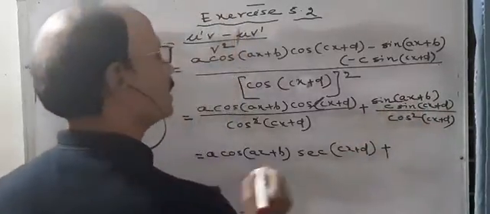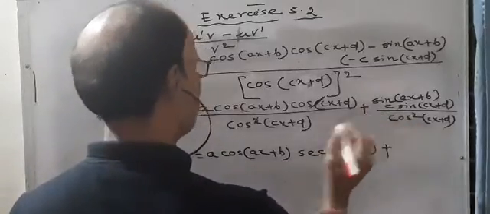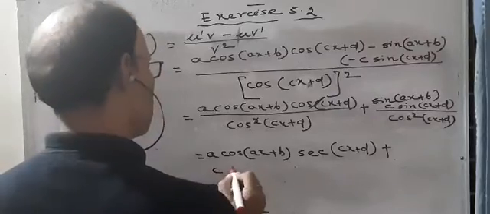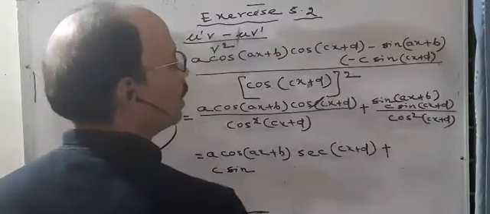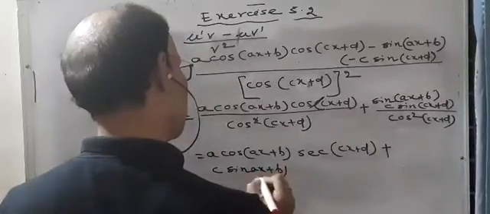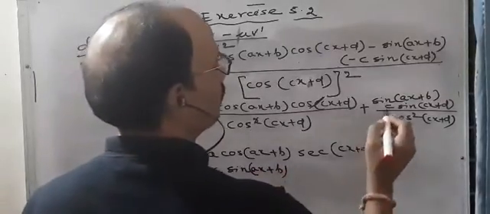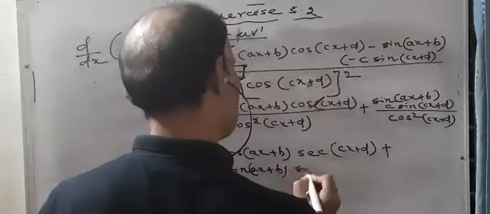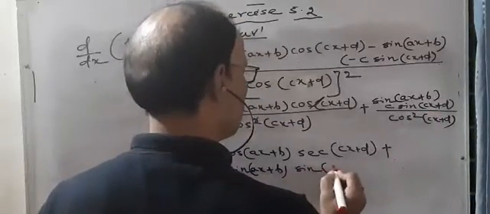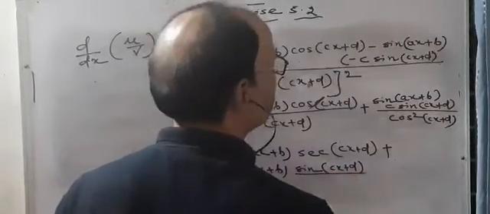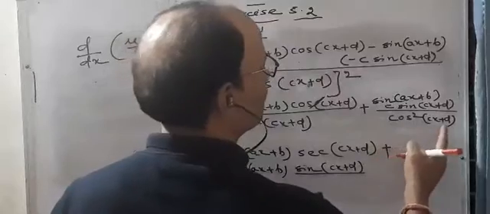We can write it like this. First we have to take this c to the front. So take c sin ax plus b. Then here left sin cx plus d upon cos square cx plus d.